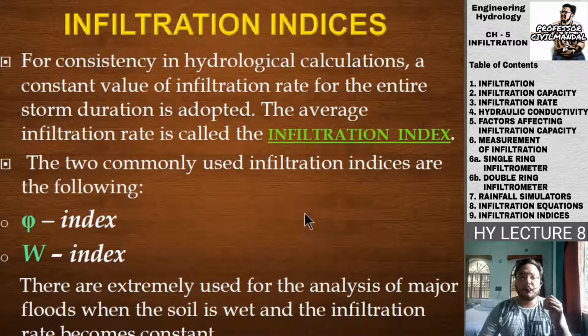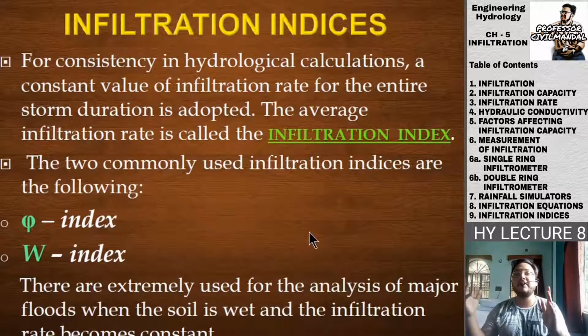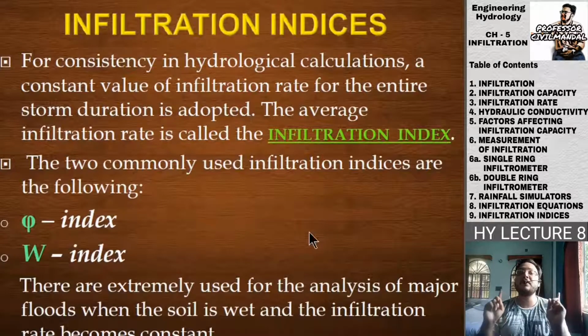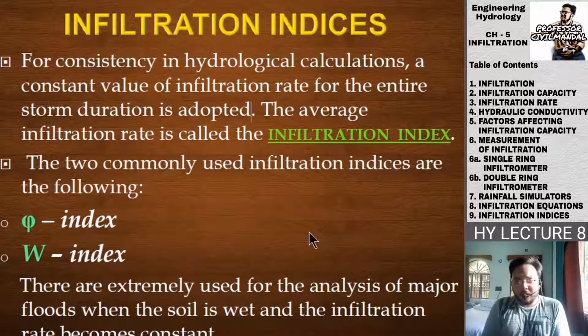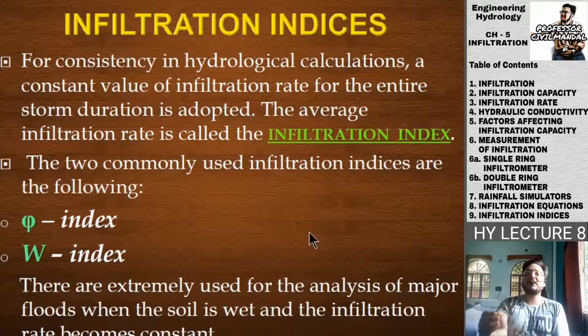But for our hydrological calculations, if we have different values of this infiltration rate, it will be difficult for us to interpret, or difficult for the calculations we are making. So the calculations will be tougher. So we will introduce this particular term known as the infiltration index, that is our phi index or the W index, and it will be an average of all these infiltration rates.